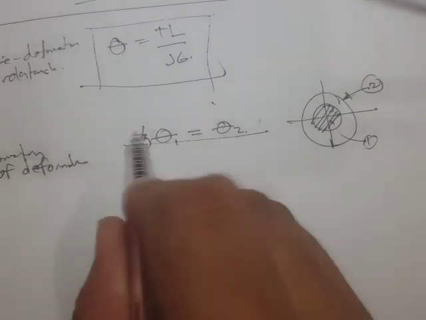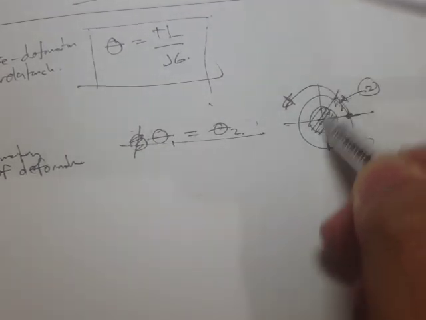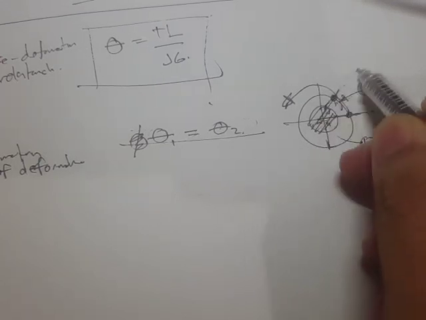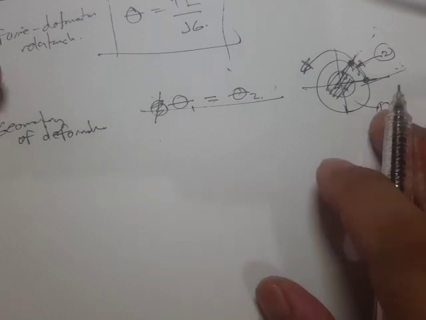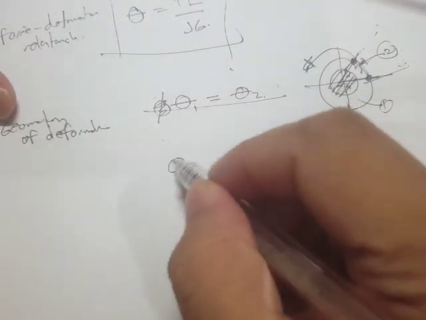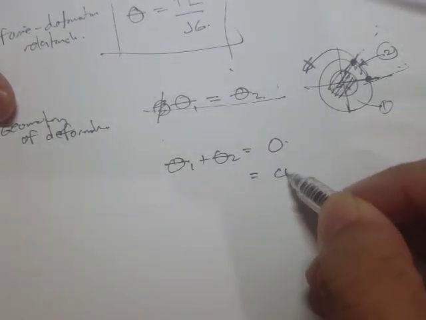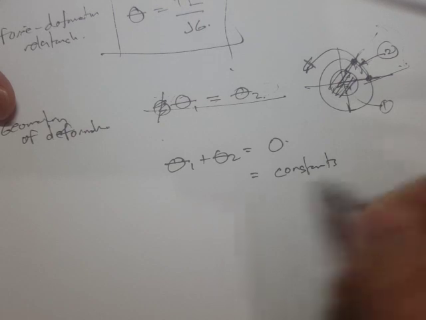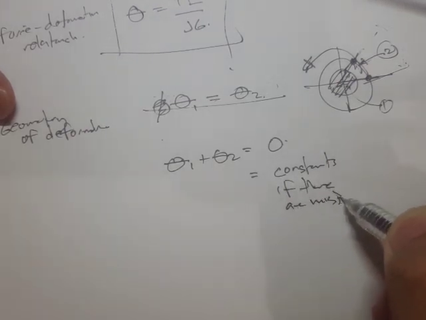In terms of deformation, if we apply torque, then it's gonna be the same angle of deformation right here. But for situations like torsion members connected end to end in series, then we have this one equal to 0, or sometimes equal to constants if there are misfits, right?